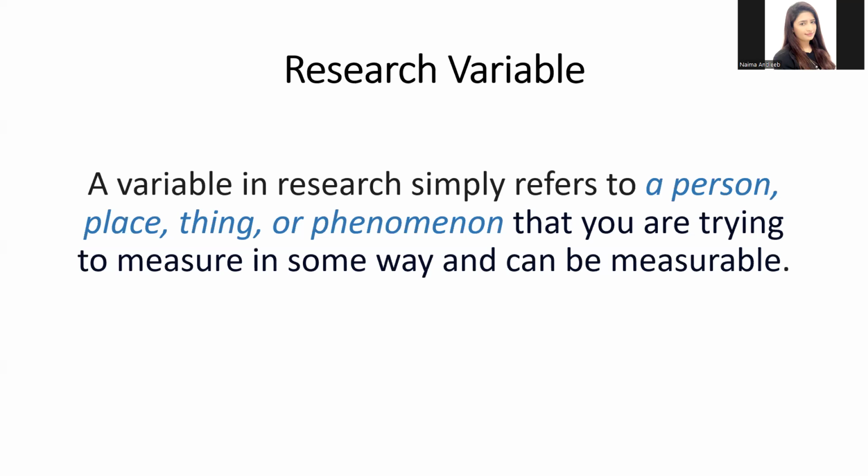So a construct is not measurable, but a research variable is a person, a place, a thing, a phenomenon, anything that you are trying to measure in any way, and it can be measured. That means it's a variable. The quality of a variable is that it can be measurable, but a construct is not measurable.